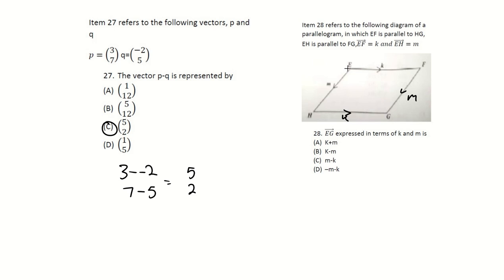So they want E to G, we're going from here to here, that's E to H, so EG would be EH plus HG, or you could have said EF plus FG, that's K plus M, that is A.